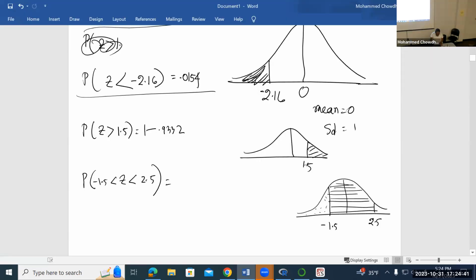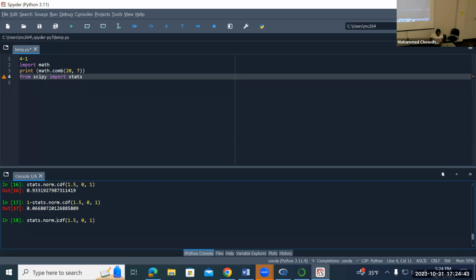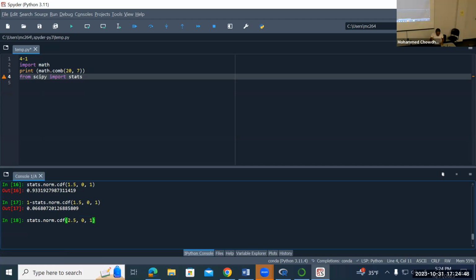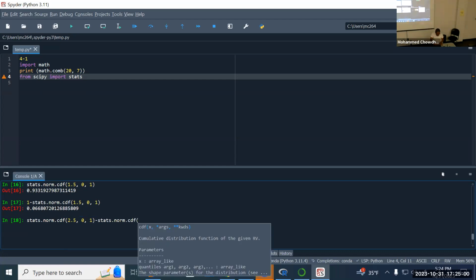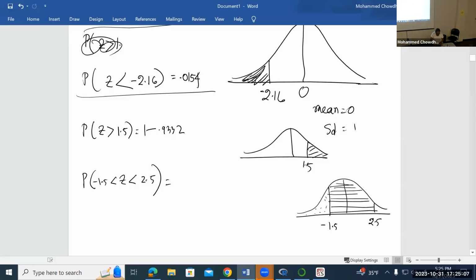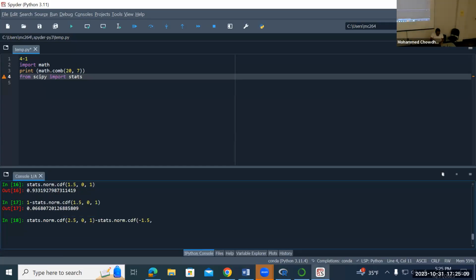Let me come here and change it. This is 2.5. I took the CDF at 2.5 and then subtract minus stats.norm.cdf of negative 1.5, with 0, 1.